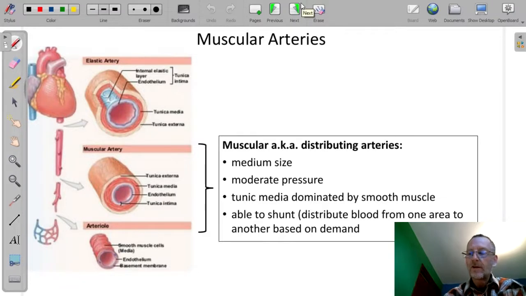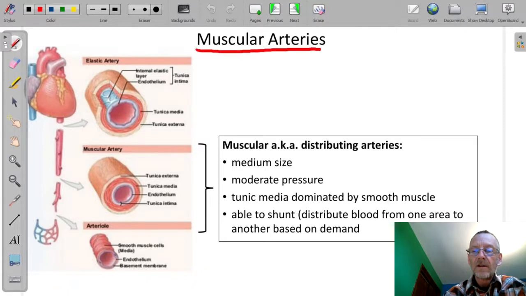Moving further away from the heart are the muscular arteries. And these, again, are sometimes referred to as distributing arteries, AKA, also known as distributing.